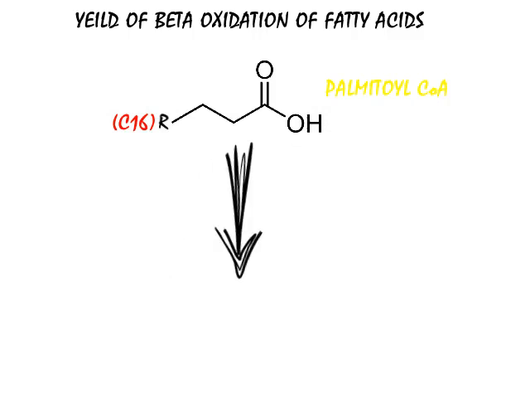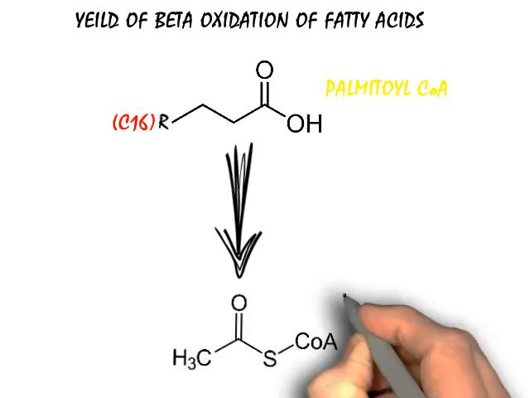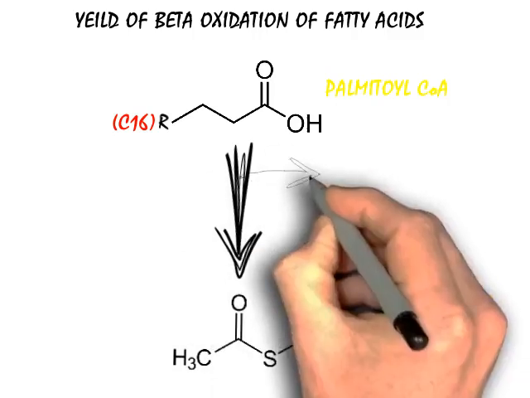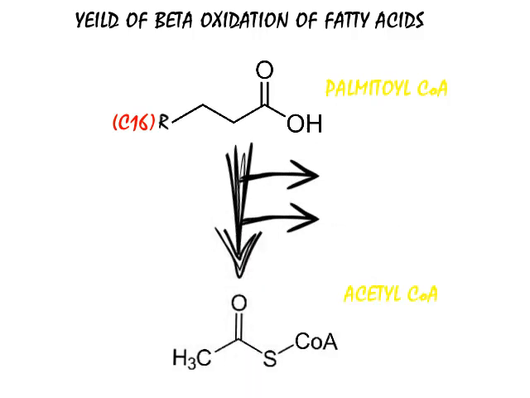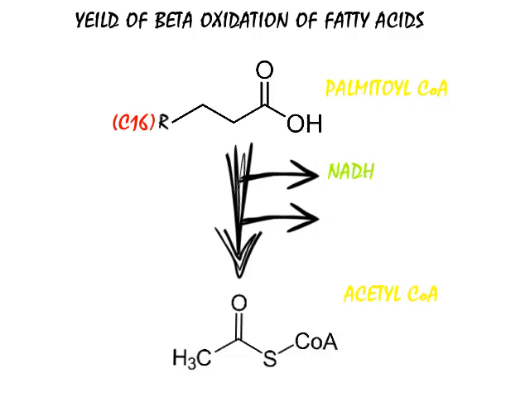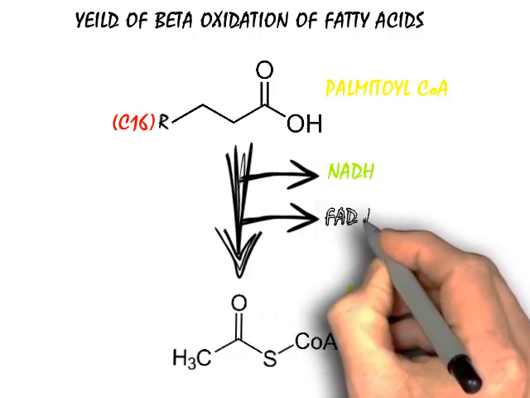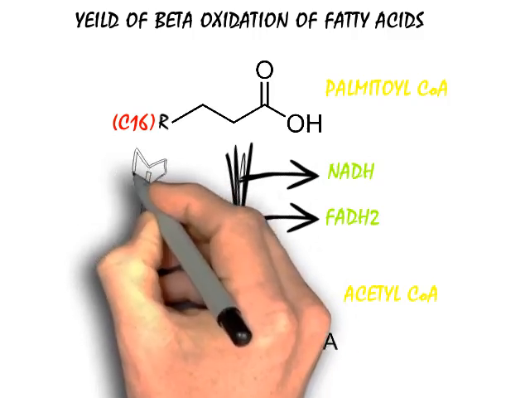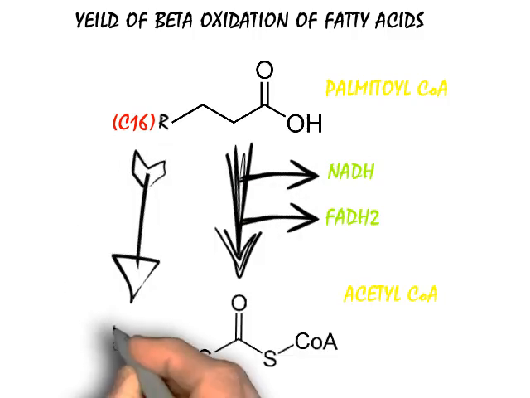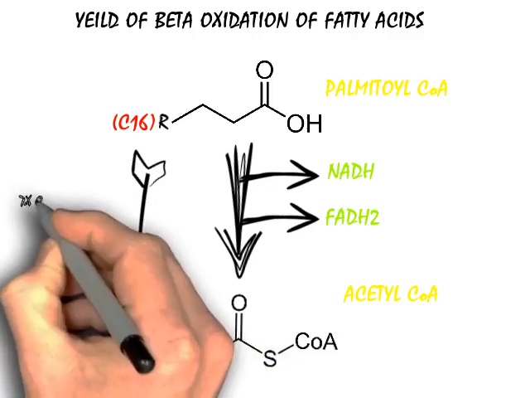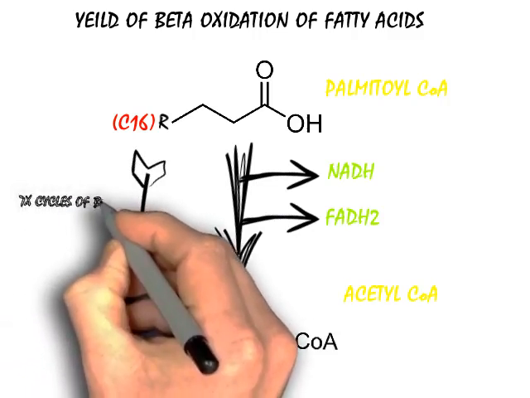The palmitoyl-CoA forms molecules of acetyl-CoA, and during this process it releases one molecule of NADH and one molecule of FADH2 per cycle. And for the formation of 8 molecules of acetyl-CoA, it needs 7 cycles of beta-oxidation.